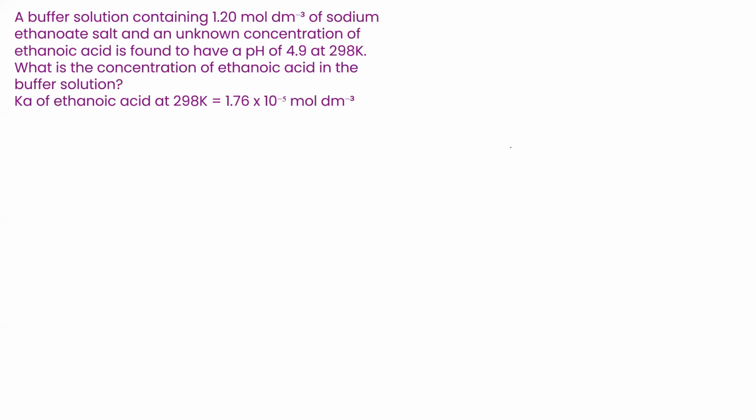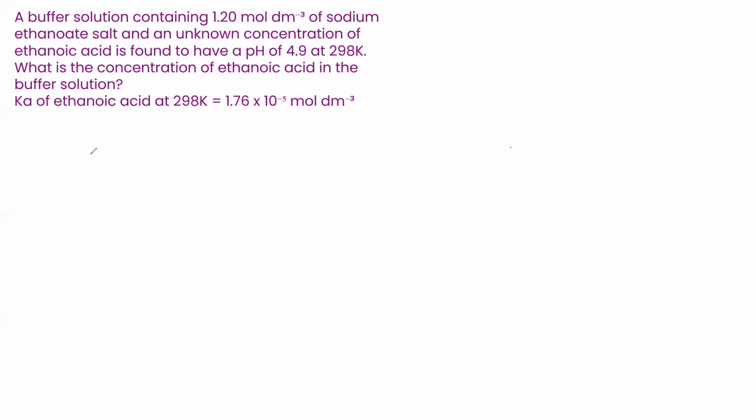Okay, so it says a buffer solution containing 1.2 mole per decimeter cube of sodium ethanoate salt and an unknown concentration of ethanoic acid is found to have a pH of 4.9. What is the concentration of ethanoic acid given that Ka is this much? So they have given us the Ka. Again, what to do?